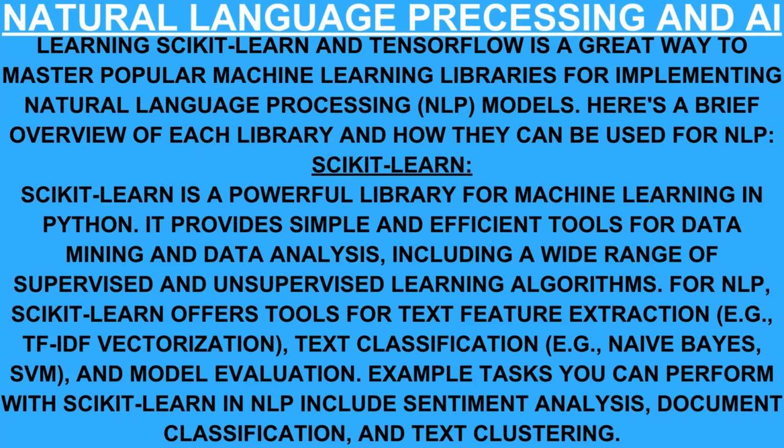For natural language processing, scikit-learn offers tools for text feature extraction, that is TF-IDF vectorization, text classification, naive Bayes, SVM, and model evaluation. Example tasks you can perform with scikit-learn in NLP include sentiment analysis, document classification, and text clustering.